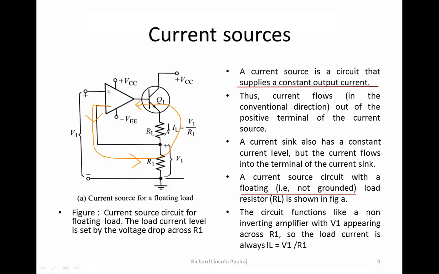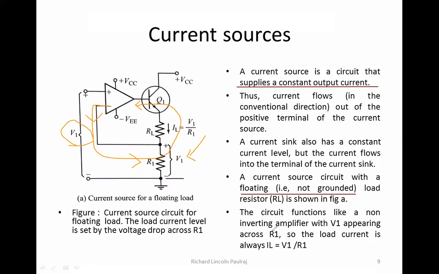So this is held constant, and whatever is here is getting mirrored. When I say it's a mirror, it means it's an exact replica of the voltage given here. The same thing will appear across resistor R1. So this mirroring concept is very important.